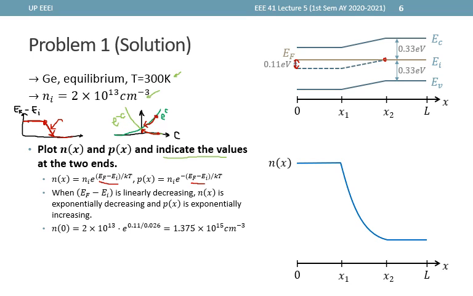And with the help of our calculator, we should be able to get the value 1.375 times 10 to the 15 per cubic centimeter. So note that this value is greater than ni, which is just 2 times 10 to the 13, since from 0 to x1, it looks like the material is n-type. ef is above ei, and therefore n must be greater than ni.